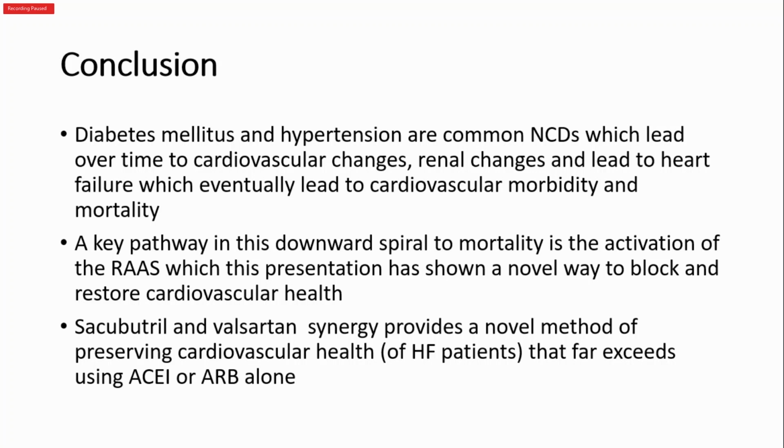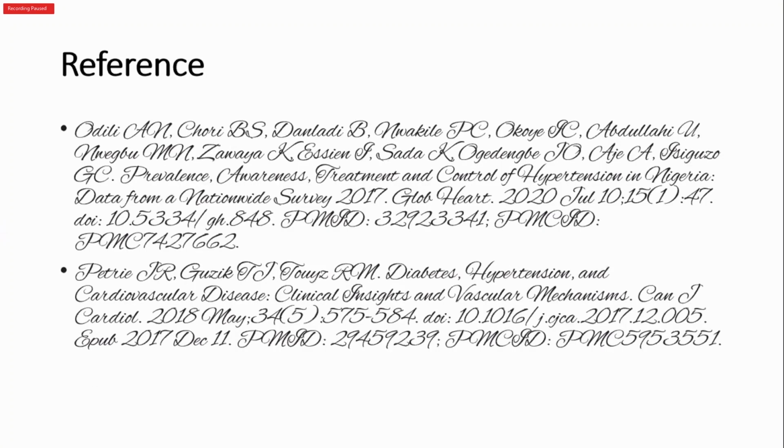Sacubitril and valsartan synergy provide a novel method of preserving cardiovascular health that far exceeds ACE inhibitors or ARB alone. And I recommend it to all of us so that we'll stop losing our patients to the morbid anatomists and also to the cardiologists.